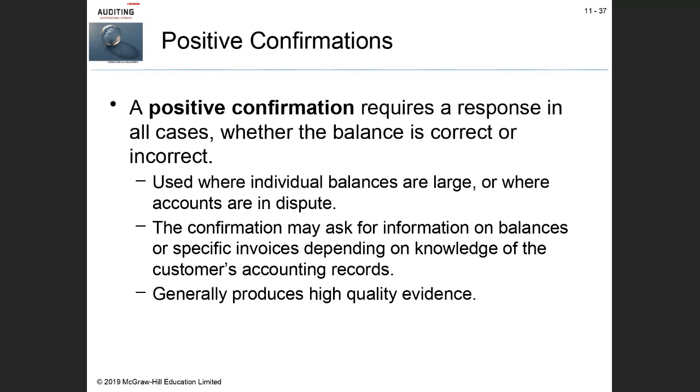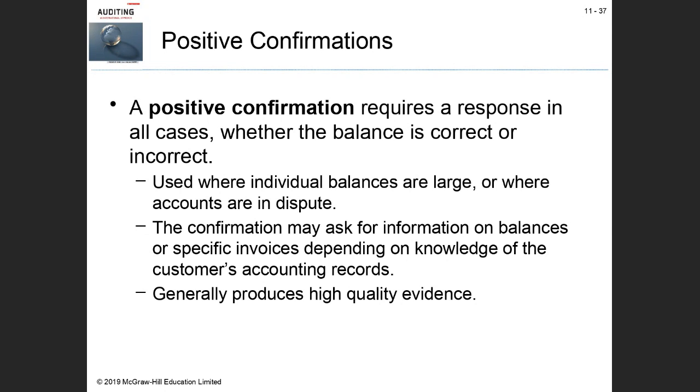Okay. Now, when you send out a confirmation, there's two ways to do it. You may ask for confirmation of a balance. Okay. So let's say you send a confirmation to customer A, and customer A owes $10 million. So you can ask the customer, please confirm the balance of $10 million is what you owe.